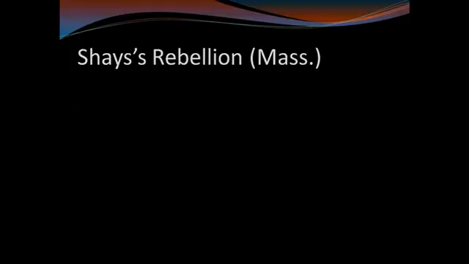So let's look at what the demands of the Shayites, as they're called, were. And then you can see what their problems were by the very demands that they make, right? They wanted a paper currency to be made available. And I just want to put one note on that paper currency. When we get a constitution, they're going to try to build a U.S. bank so they have the ability to at least affect paper currency.